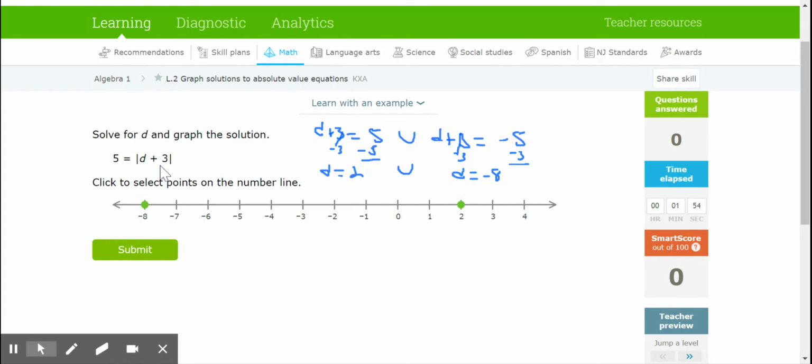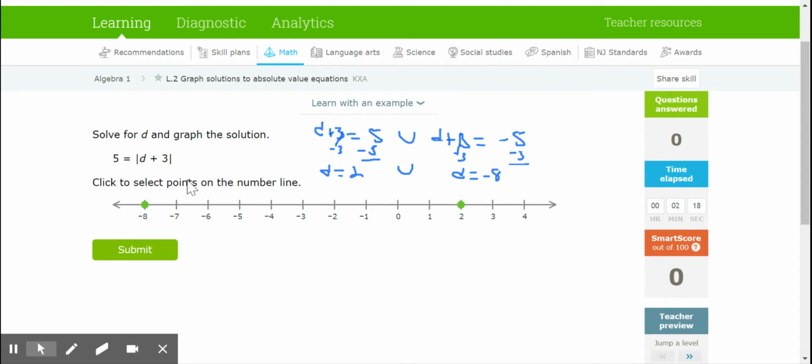Now, what we're going to find here is what makes this 0 would be negative 3. So when I have a d plus 3, negative 3 is right in the middle of negative 8 and positive 2. So basically what we're saying is what value is 5 units away from what makes this 0?